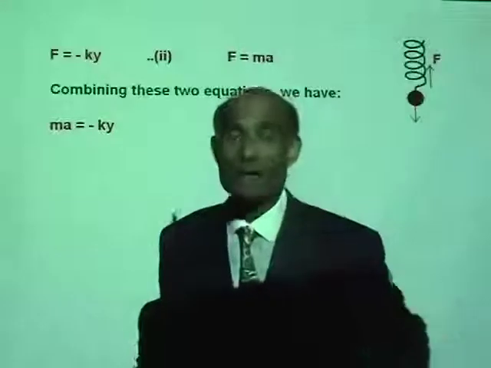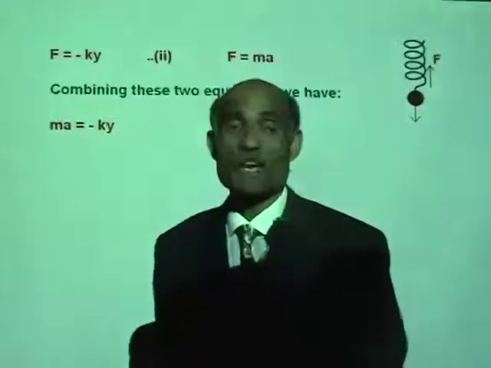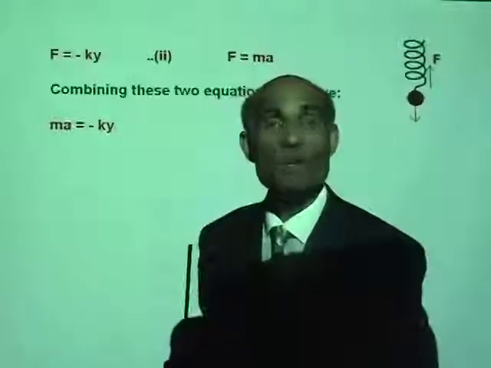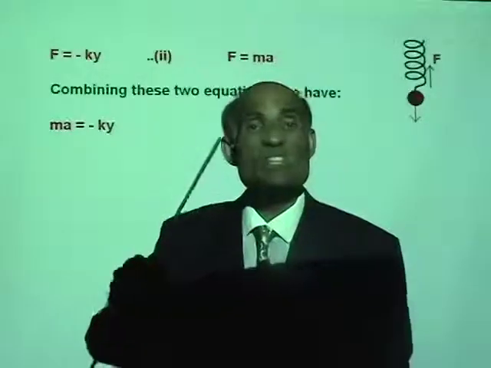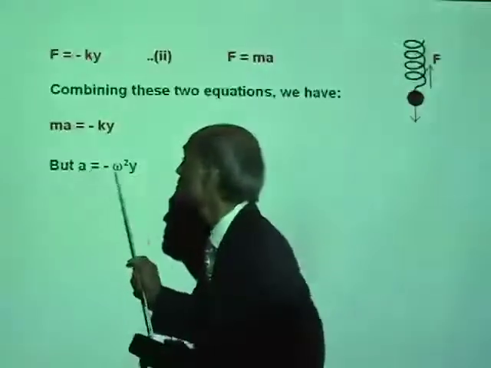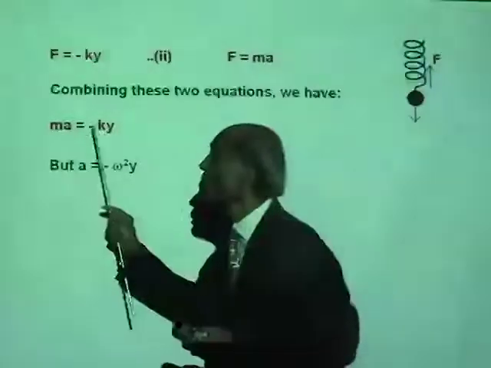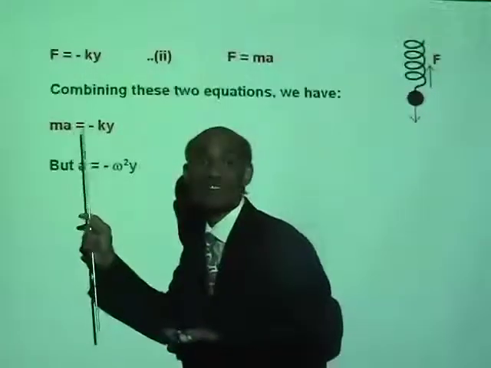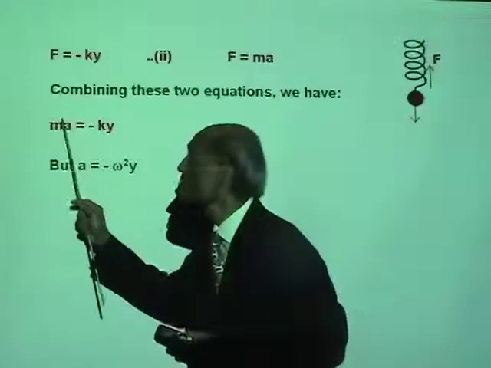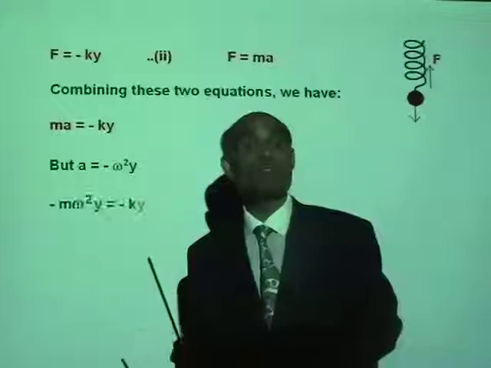Alright, can you look back? I told you you must remember that equation. The acceleration of a simple harmonic motion is negative omega squared y. a equal to negative omega squared y. So this is the acceleration that we are talking about, and we can replace this a by negative omega squared y.